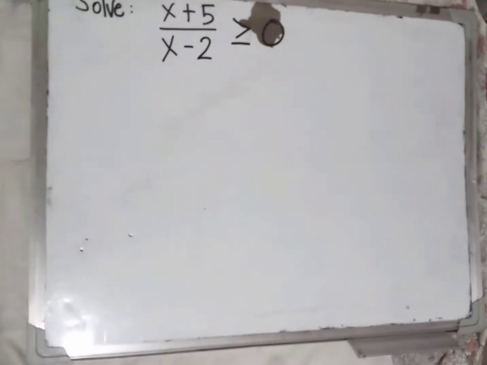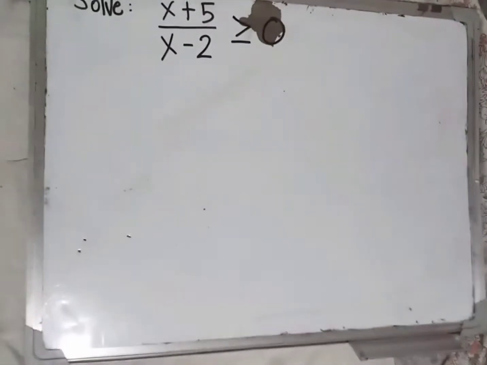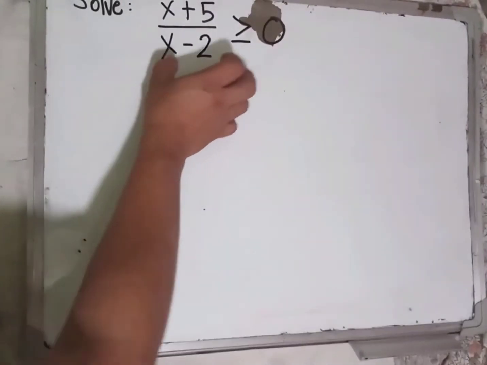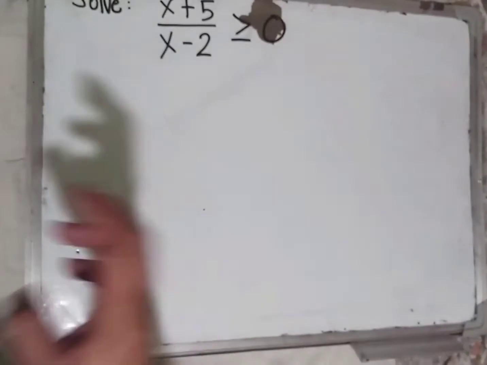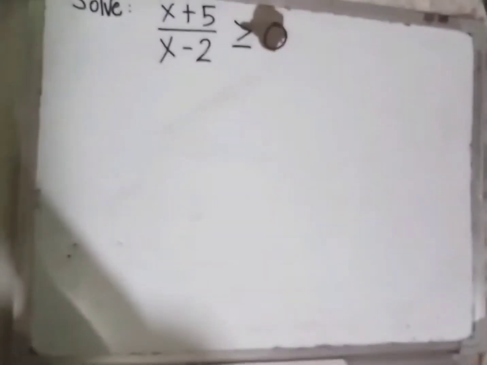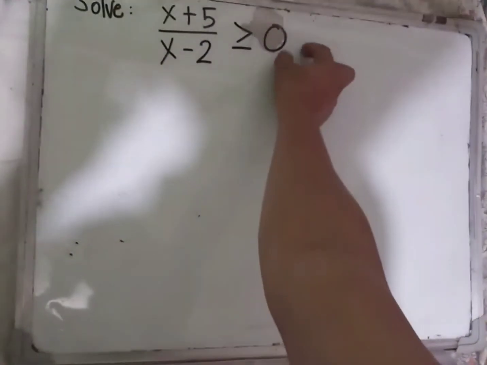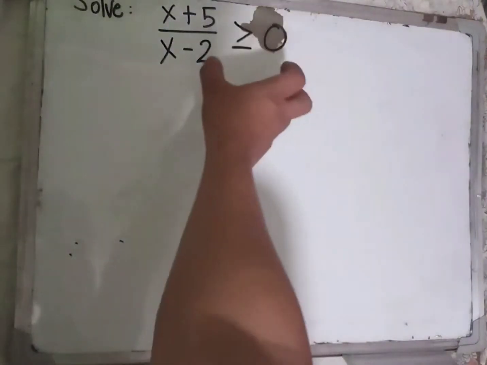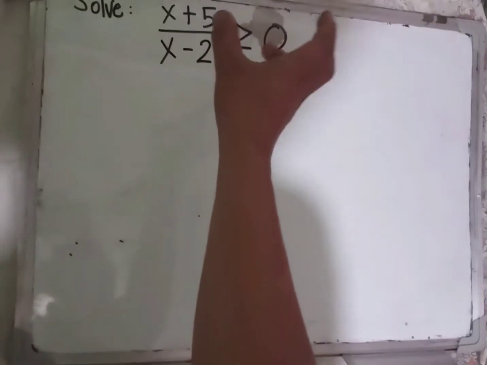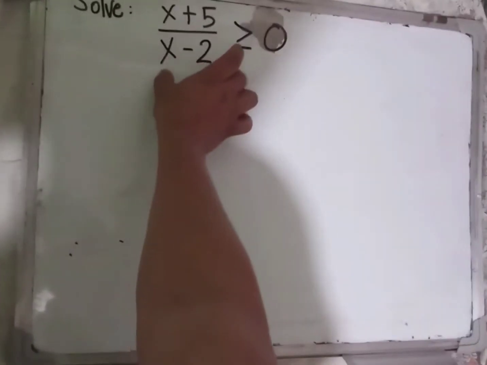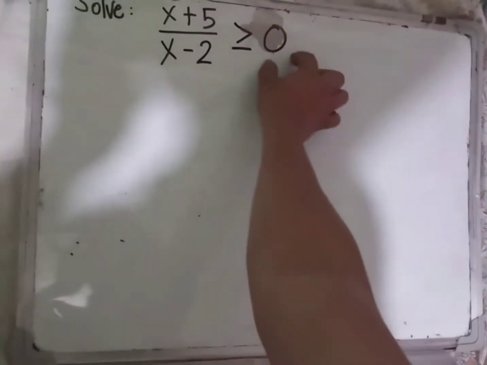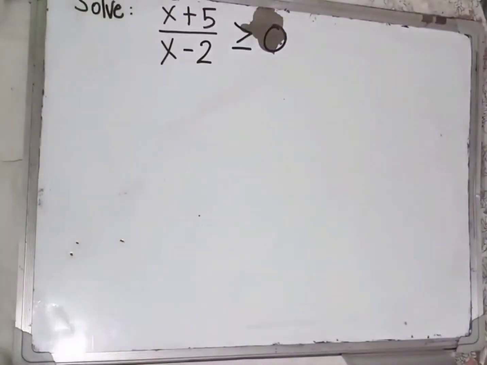So dapat dito in the left side of the inequality composed of a single rational expression, and in the right side dapat 0. So based on the given example, it's already done because the left side is a rational expression and the right side is 0. So proceed to step number 2.